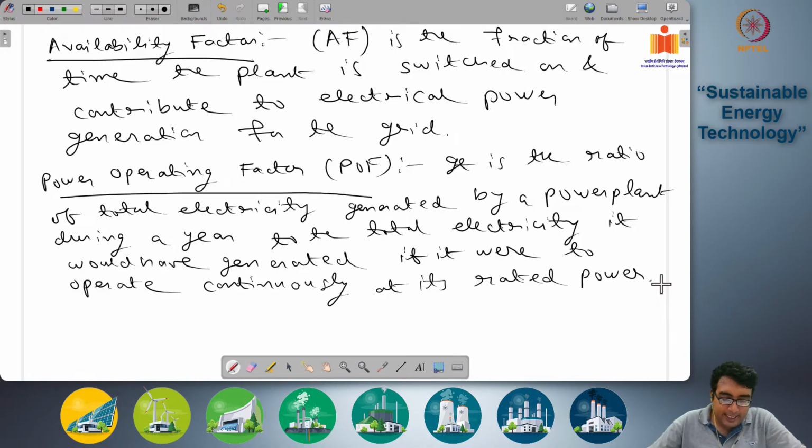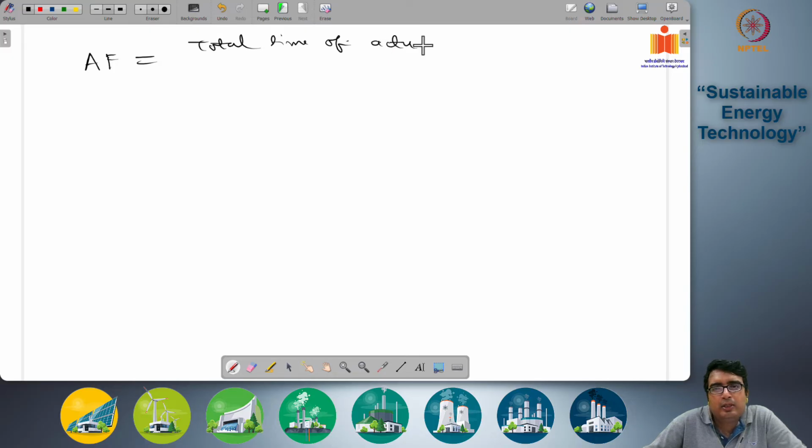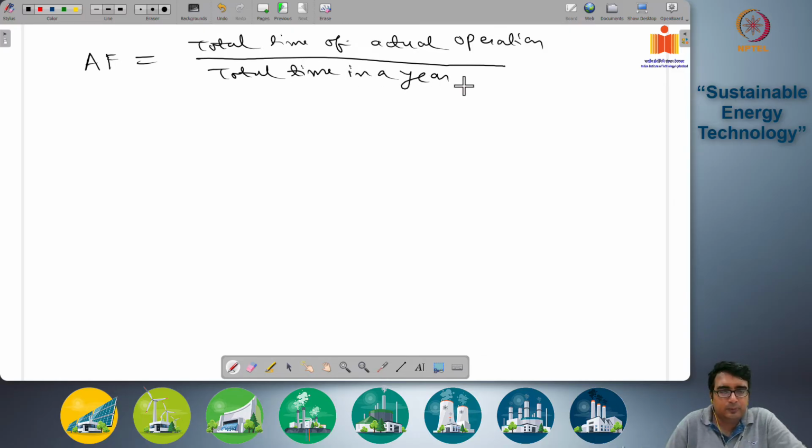Okay. So we can define these two terms as follows. The availability factor AF is the total time of actual operation divided by total time in a year. Okay.